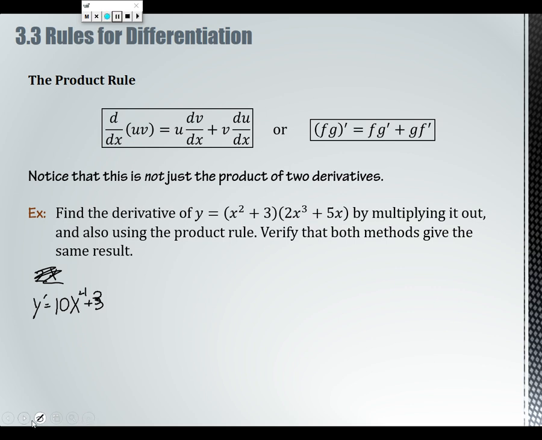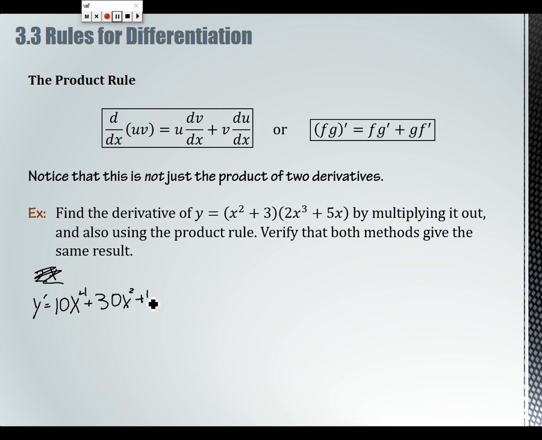Said out loud, it's like the function times the derivative: f times the derivative of g plus g times the derivative of f, right? I think it's easy to remember.